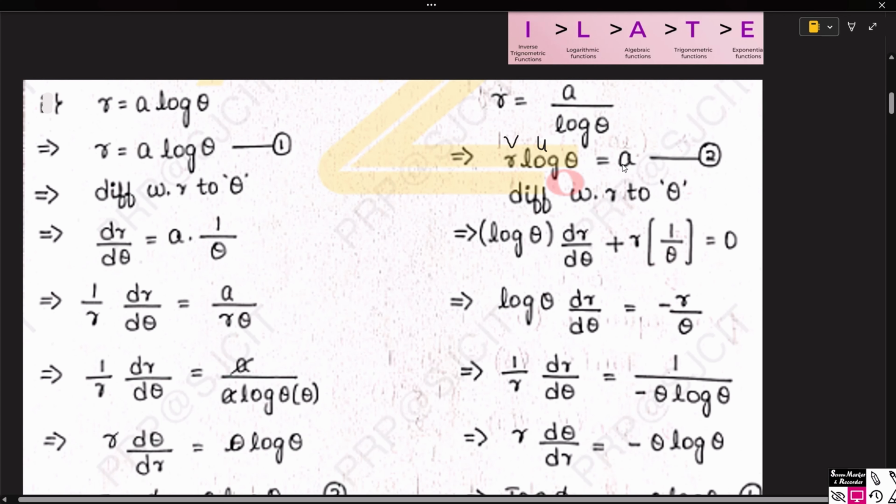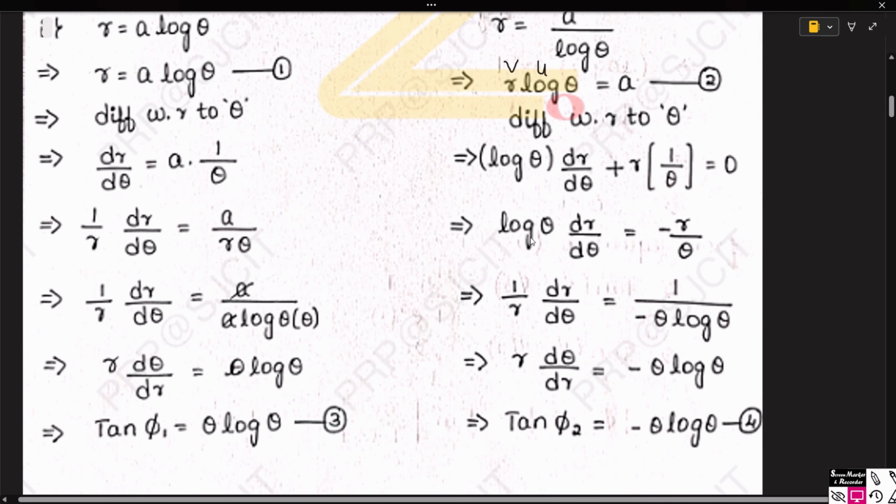Since a is a constant, if we differentiate, it becomes 0. Now we are sending r by theta to the right side, it becomes negative. Later we are rearranging the equation, it becomes 1 by r dr by d theta equal to 1 by minus theta log theta. So here what we are doing is sending the log to the right hand side and taking the r to the left hand side, because we need to get tan phi 2.